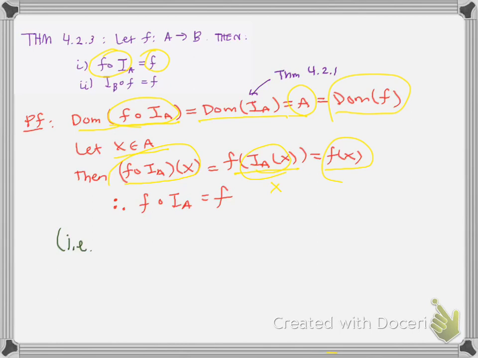And so therefore we can conclude that f composed with I sub A equals f. Okay. And again, this is since the inputs and outputs are the same. Oh, can I spell outputs? That is horrible.